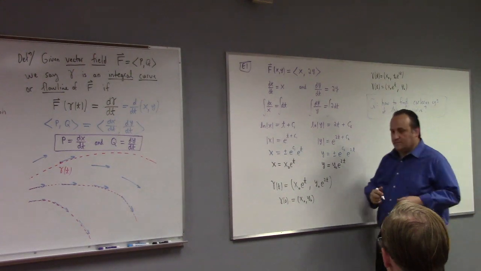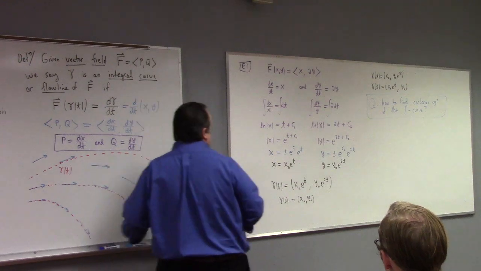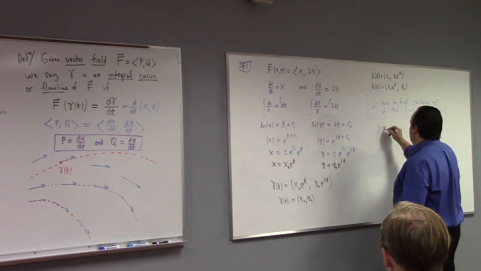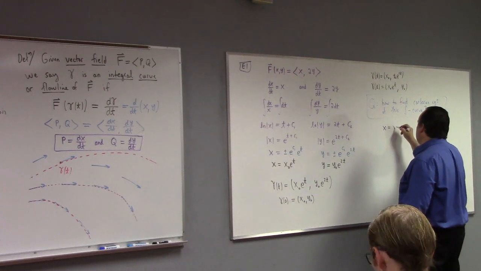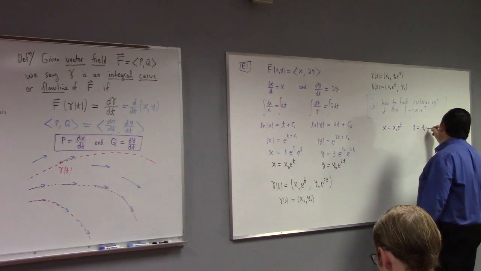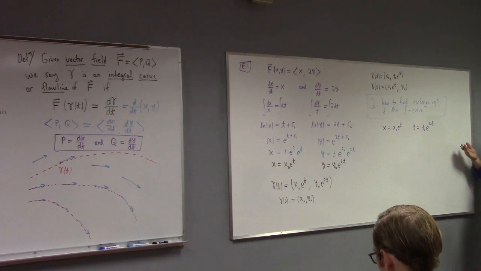Let me put the problem out there formally. We've got x equals x naught e to the t, and y is equal to y naught e to the 2t. We want to find a description of this curve that doesn't involve time. What do we do?